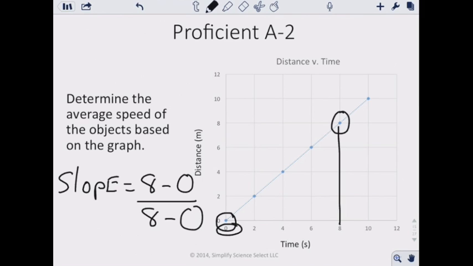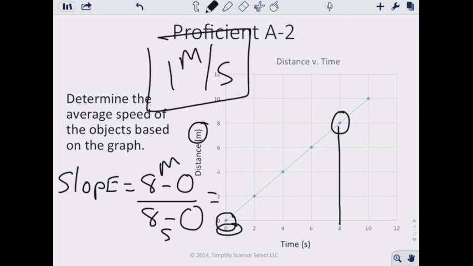And what we'll see, 8 minus 0 over 8 minus 0, and then we go 8 divided by 8, that will just give us 1. And if we think about it, this is 8 meters, this is 8 seconds, so our unit for this is going to be meters over seconds, or meters per second.